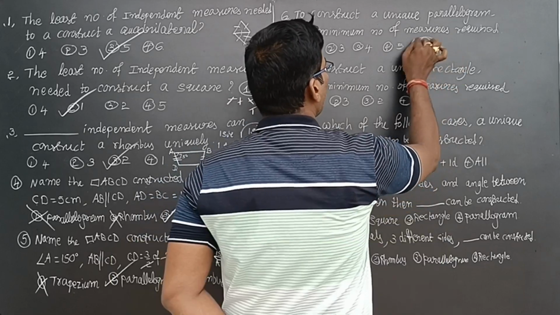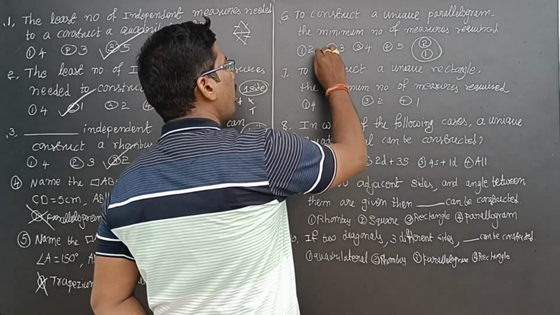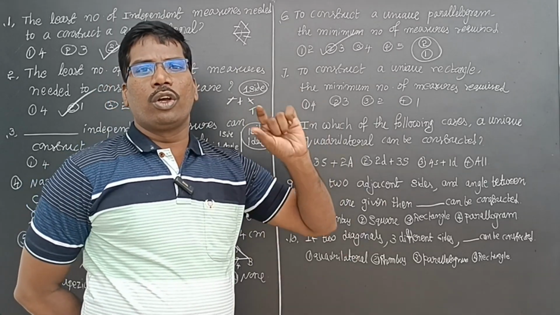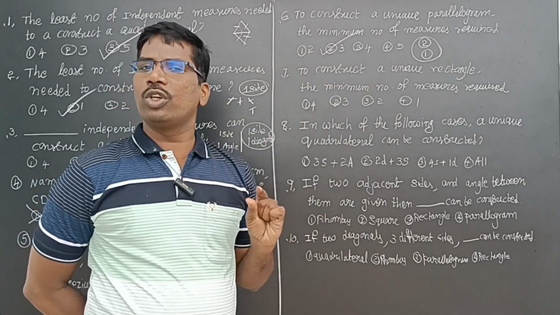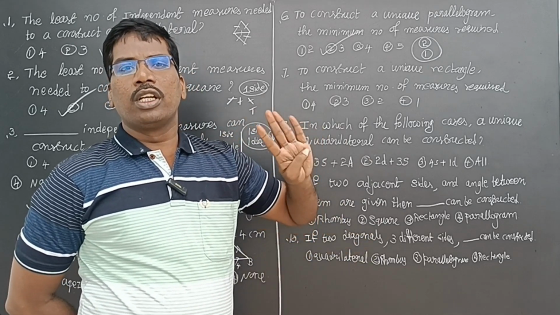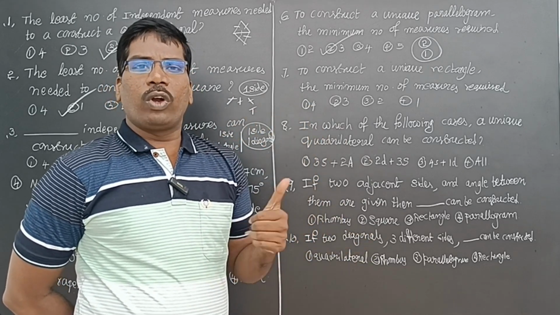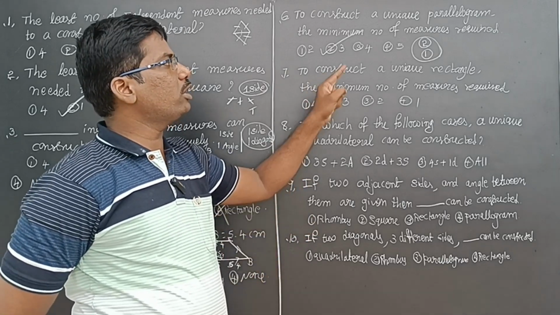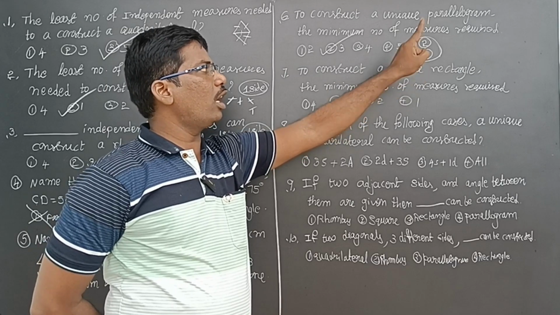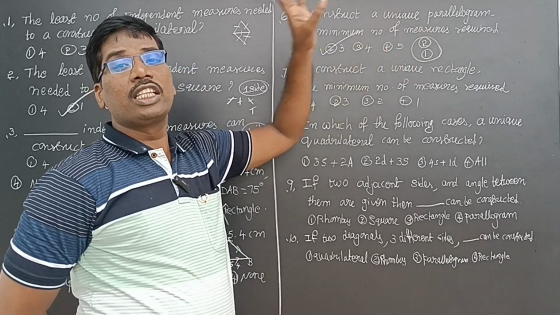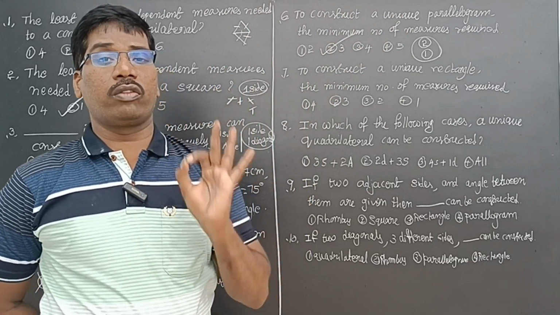So you need 3 independent measurements: 2 sides and one diagonal, or 2 sides and one angle. Then it will definitely be a parallelogram.